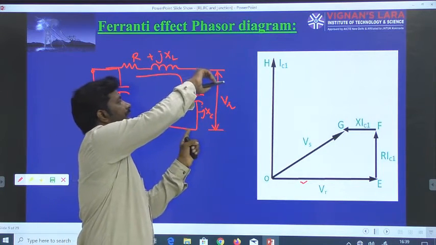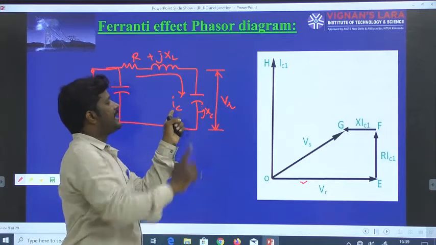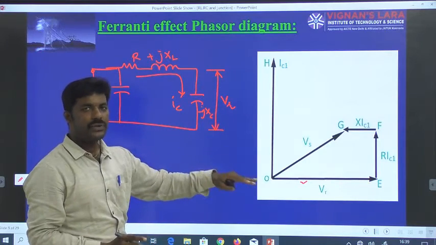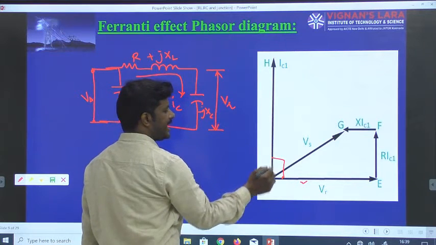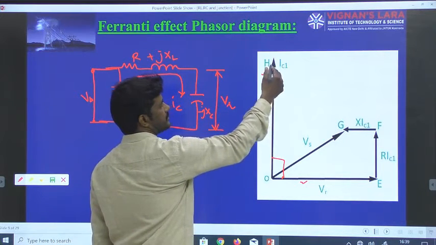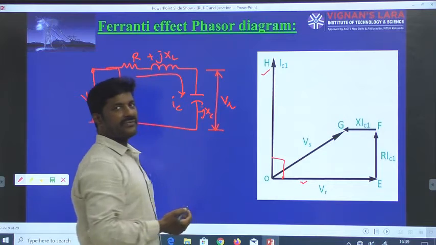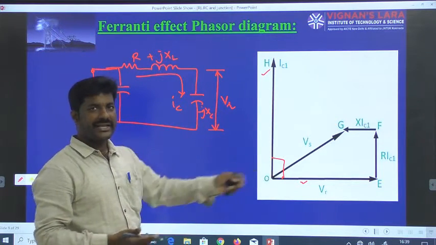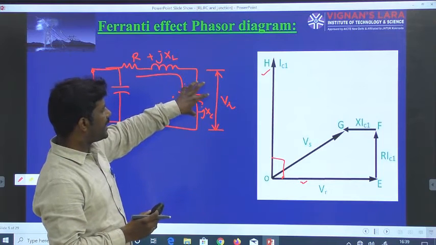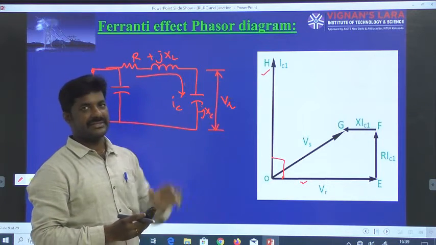Since I took only one element as a pure capacitor, the current IC leads the voltage by 90 degrees. OH is the current phasor, which leads the voltage VR by 90 degrees because of having only the capacitor element in our analysis.